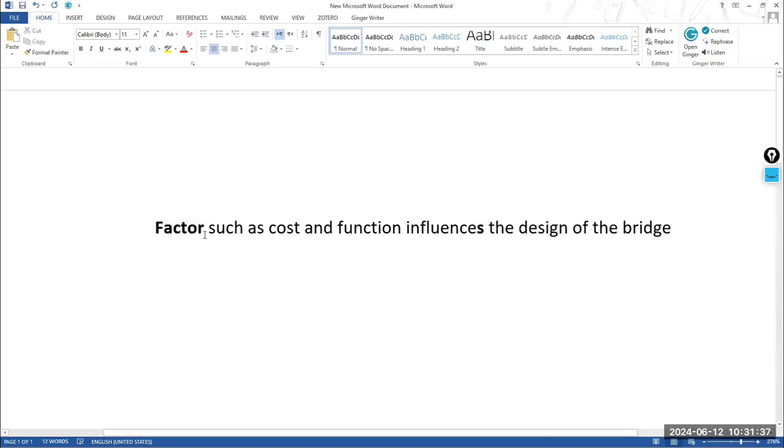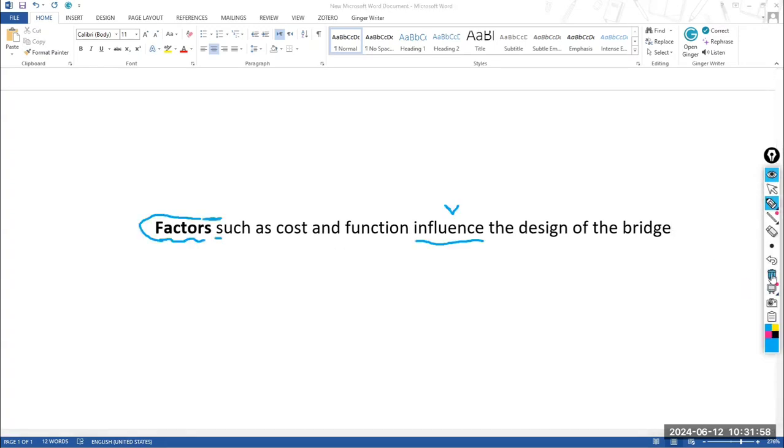Because he said factors such as, the two S's are pronounced as only one. Because he said influence, he didn't say influences, I will know that he said factors, not factor. So this is the subject, this is the verb, and this is the object. So now this sentence is complete.